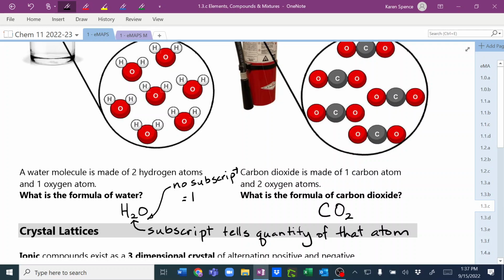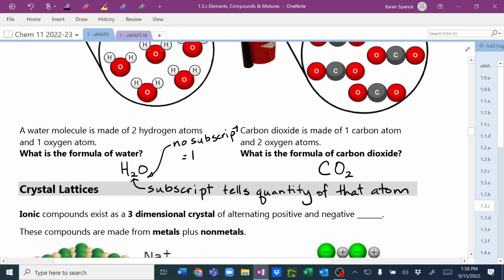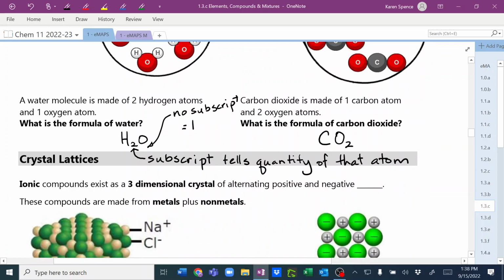So those are our covalent compounds. We also have ionic compounds, and they are made from the metals plus the nonmetals, and those give us our ionic compounds. And they actually don't exist as molecules.